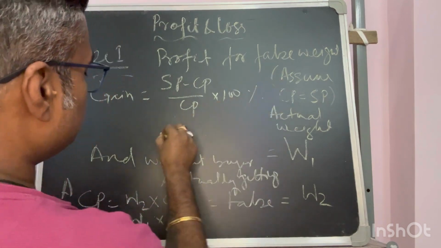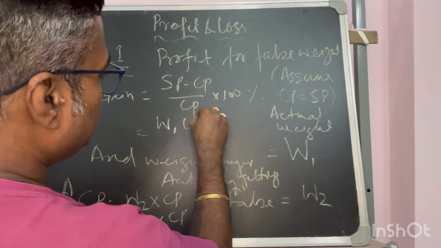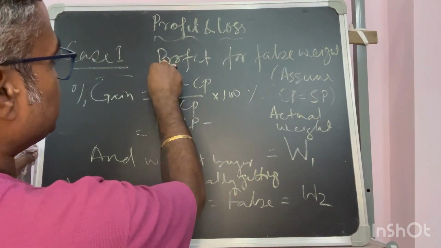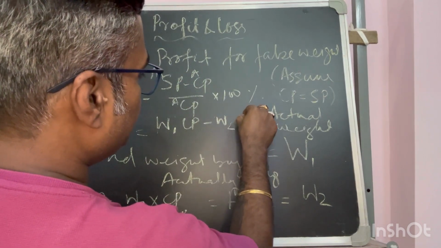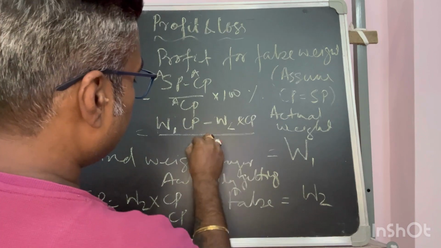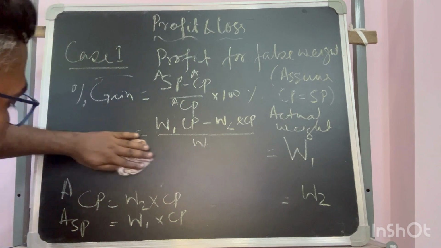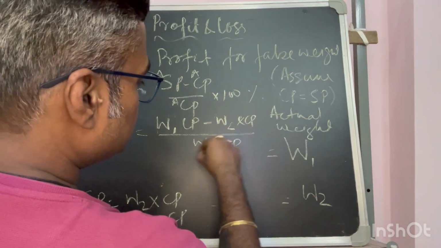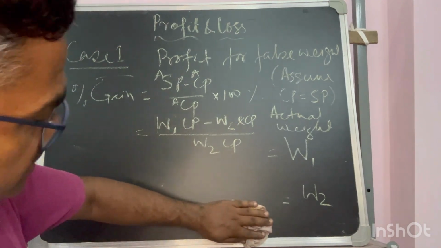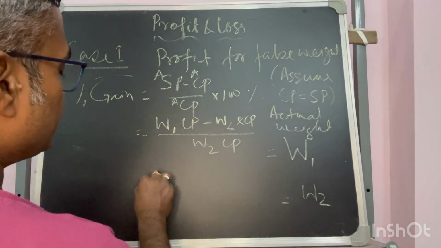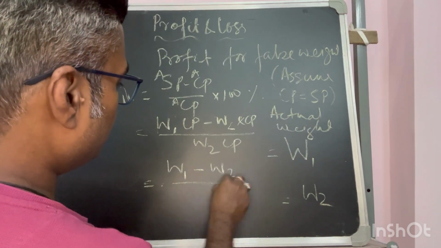In this case SP is W1 into CP, minus the actual CP, which is W2 into CP, divided by W2 into CP. The cost price CP will all cancel out, as I said in the numerical example. Actually this will be over W2.